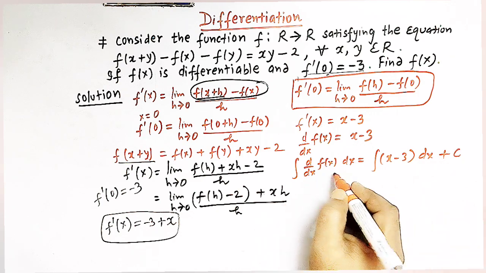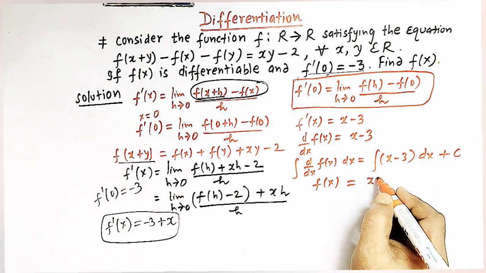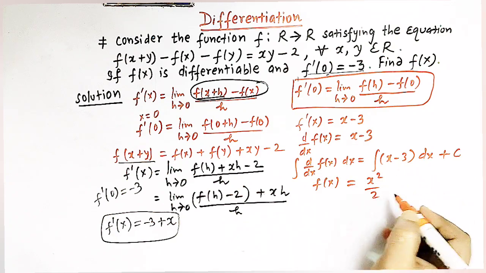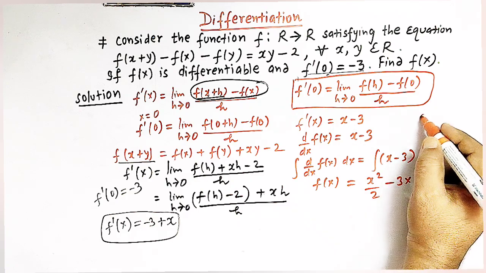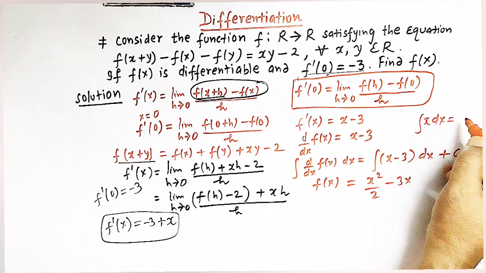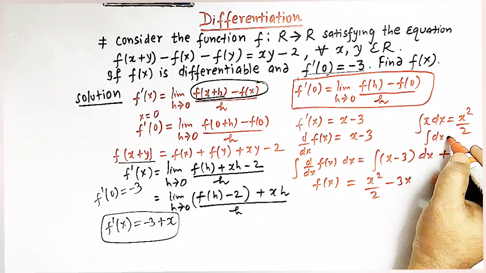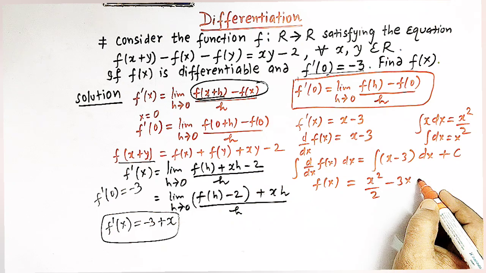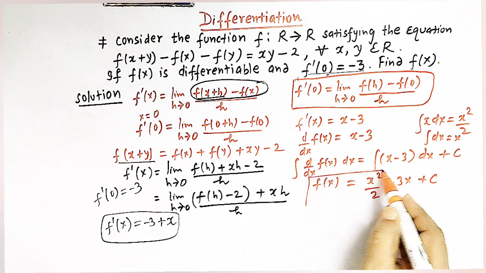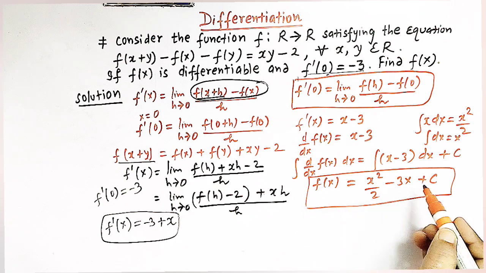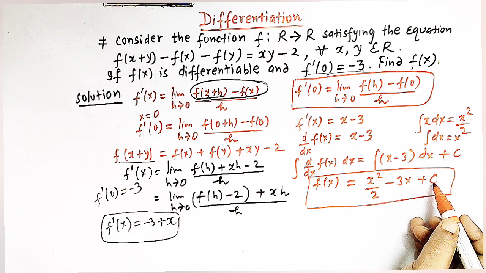So now this expression is simply f of x, and here we have x square over 2, and here we have minus 3x, right? So the integral x dx is x square over 2, and the integral dx is simply x. So here we have plus c. So the function f of x is now a quadratic function, x square over 2 minus 3x plus c.